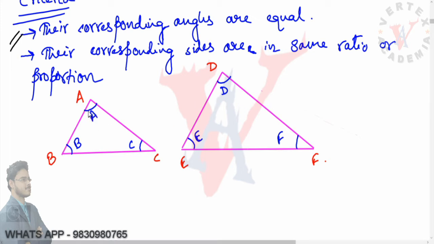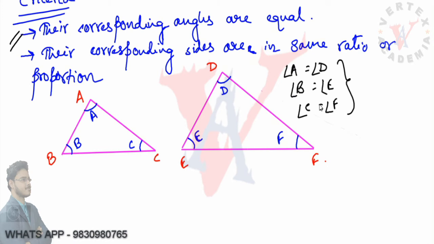The corresponding angles here are angle A and angle D, so angle A equals angle D. The angle corresponding to angle B is angle E, so angle B equals angle E, and angle C equals angle F. If in two triangles the corresponding angles are equal, I hope you can understand what I mean by corresponding angles, then we can say the triangles are similar.